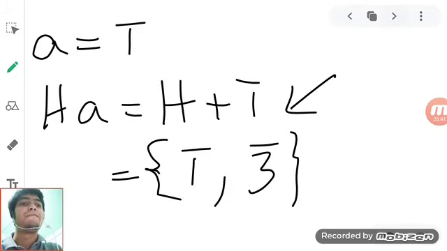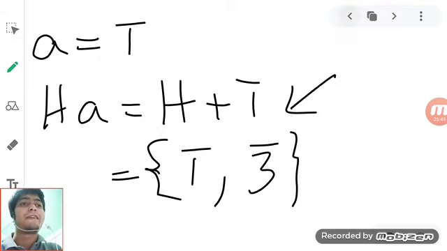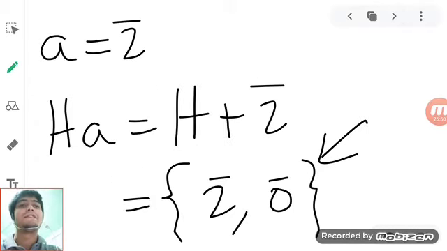So it will be again 2 bar, 0 bar. Just see, now it is repeating. This set is the same as this. So we are having the same right coset.